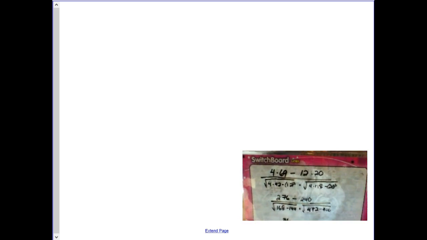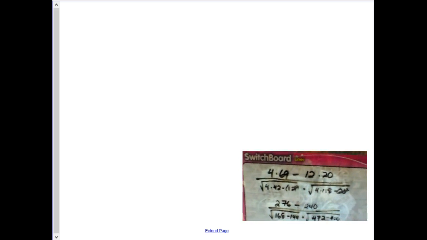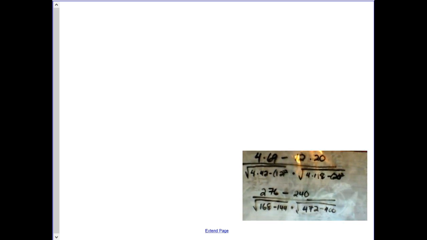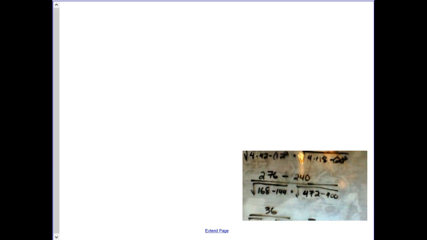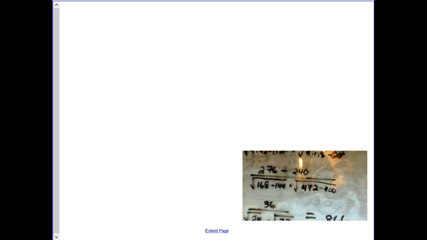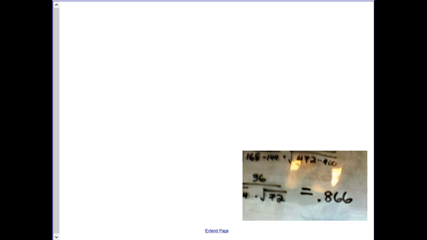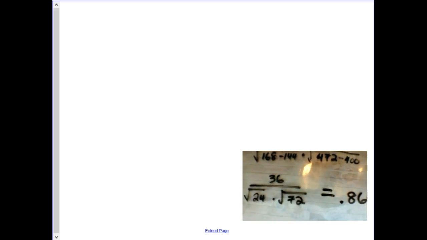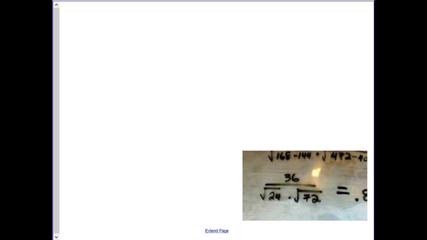Well, first of all, here's our original formula. I just plugged everything in, wrote it out. And then I simplified things down, scrolling up, right? 276 minus 240 over those differences square rooted. When I simplify that further, you get 36 divided by the square root of 24 times the square root of 72.